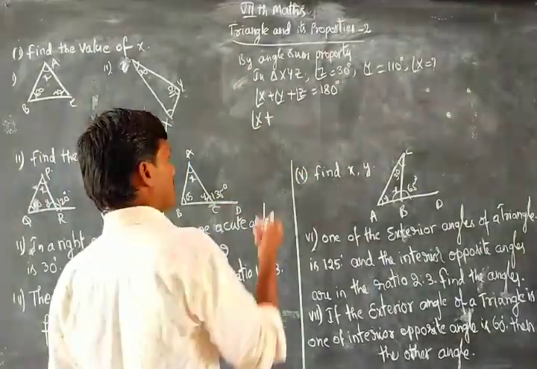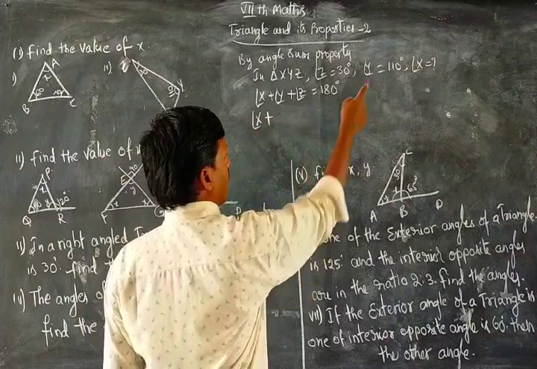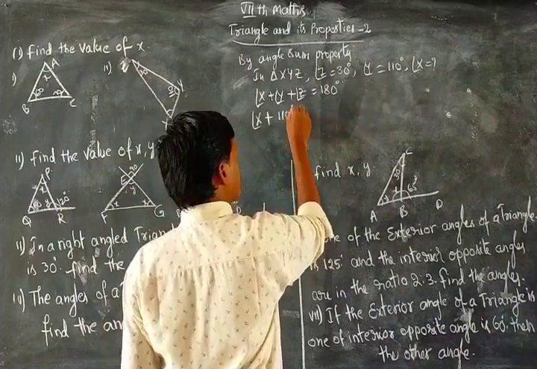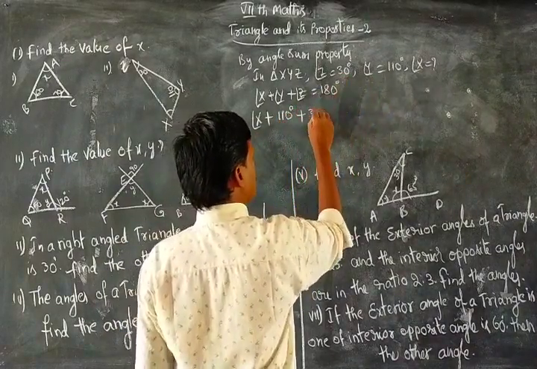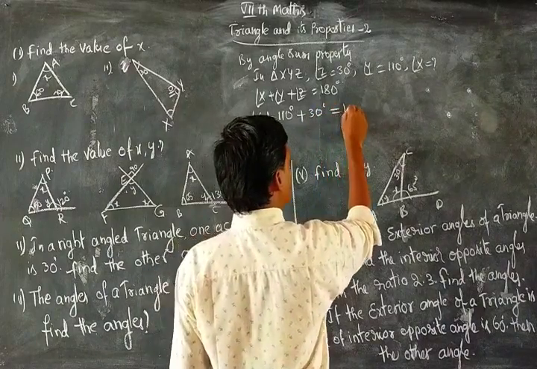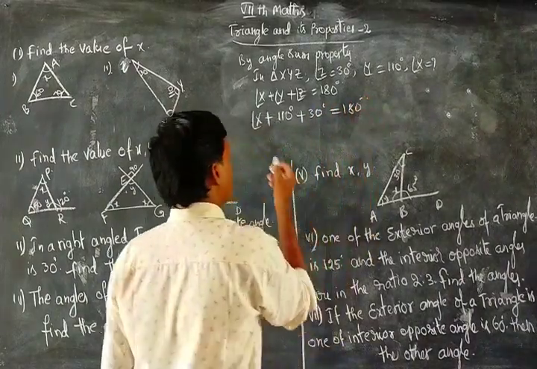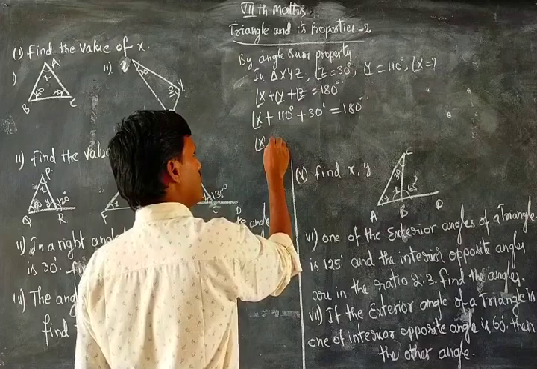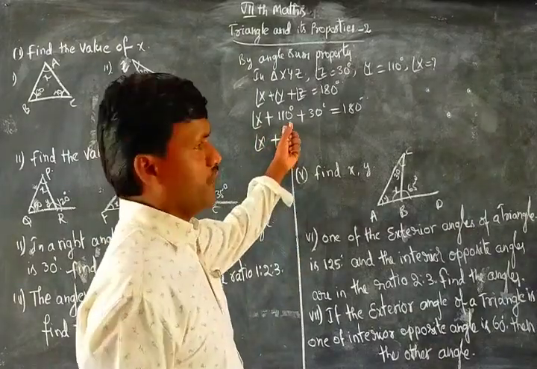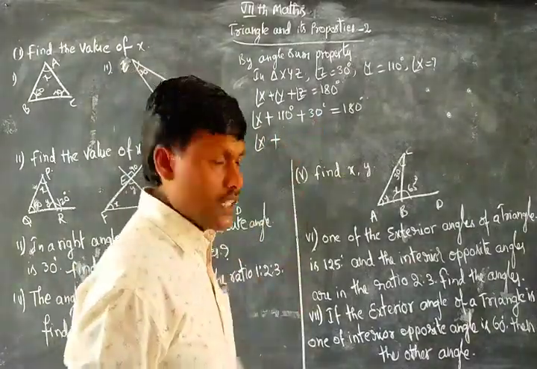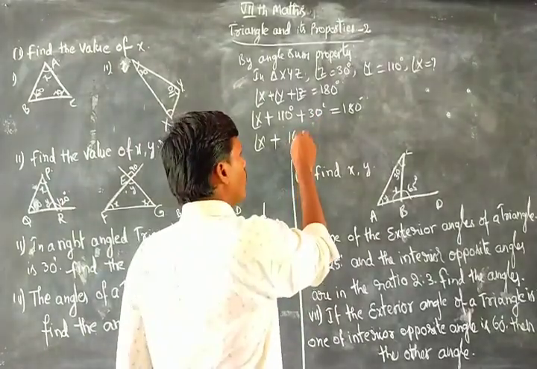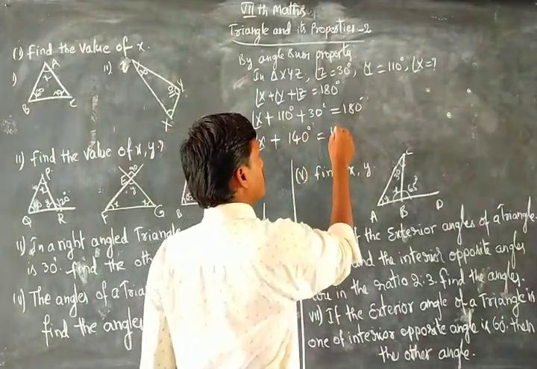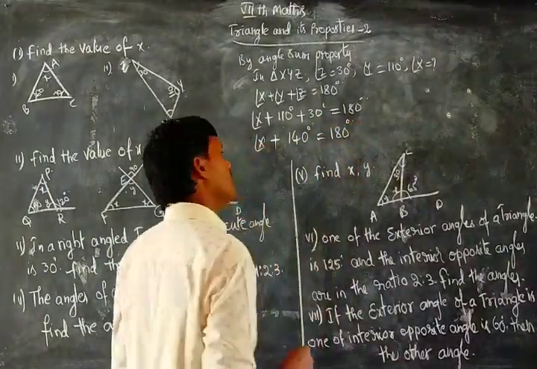So angle y 110 degrees plus angle z 30 degrees, and again angle x. The sum of the two angles, 110 plus 30, is 140 degrees, which is equal to 180 degrees.